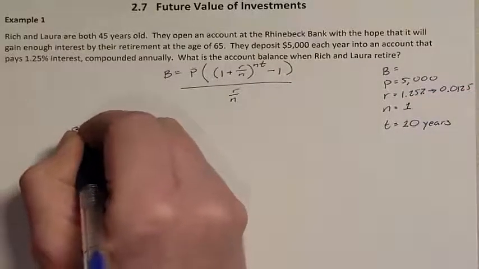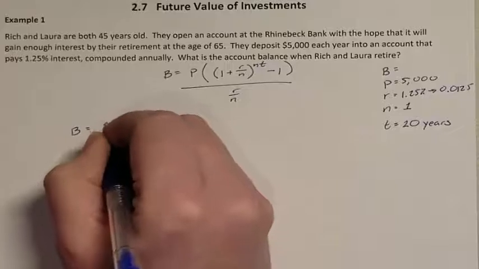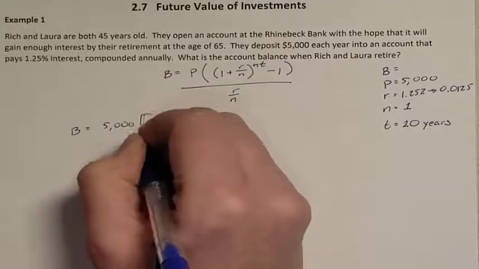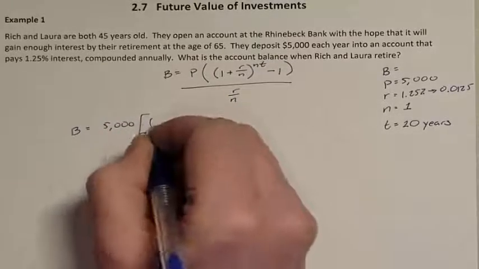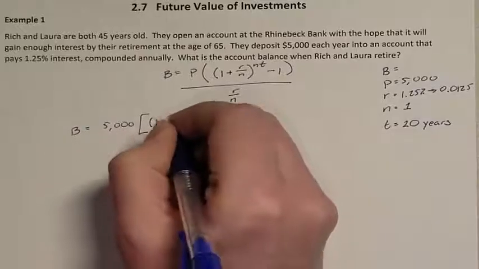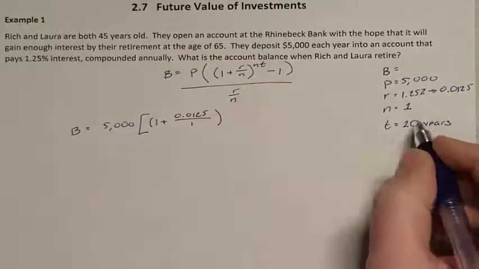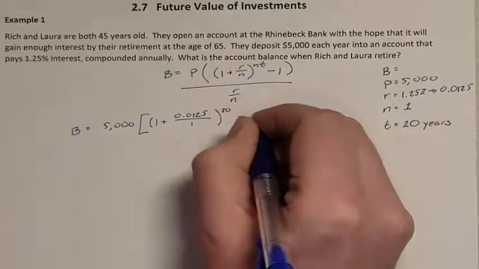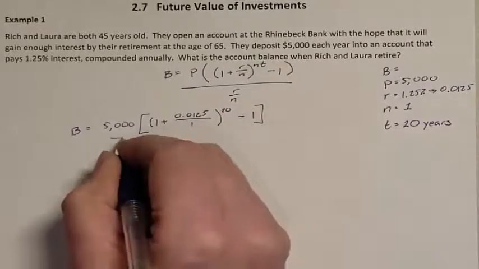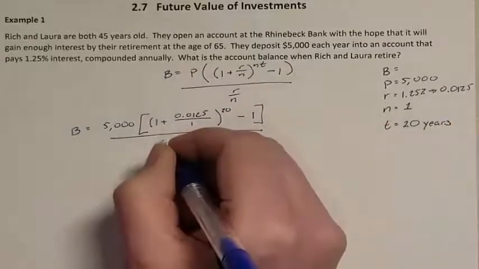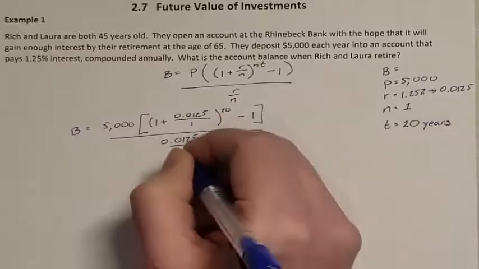So I have B equaling my $5,000. I'm going to put square brackets for these outsides so I don't lose things. My rate divided by my N, which is a 1. N times T is 20, minus the 1, all divided by R divided by my N, which is a 1.